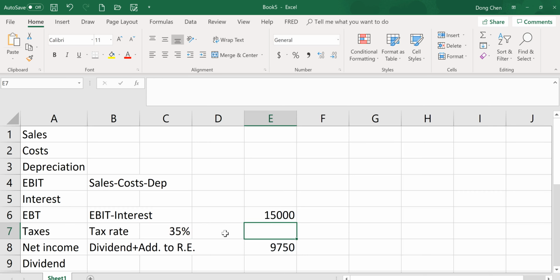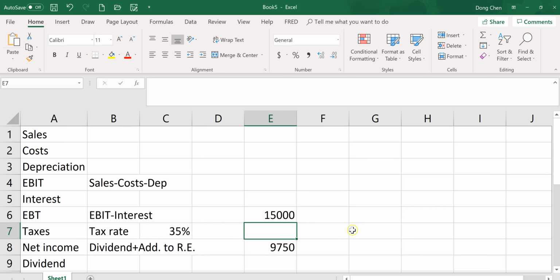Why don't I just input 65%? Because I want to use the number here. Next time if this number changes, I can just change the tax rate here, and everything else will change automatically. So that's why I prefer to use 1 minus this, rather than directly typing the 65%. So that's the EBT.